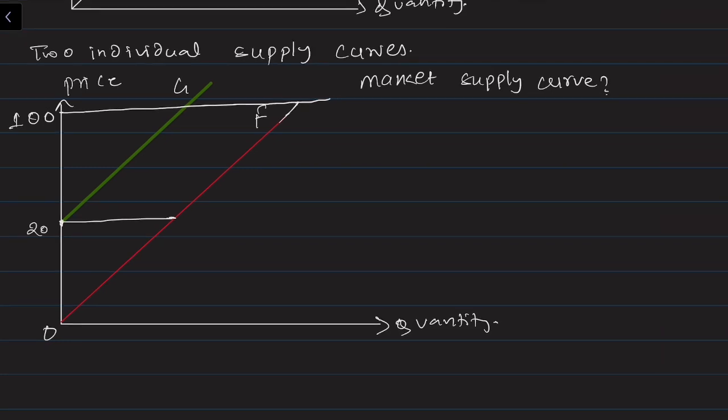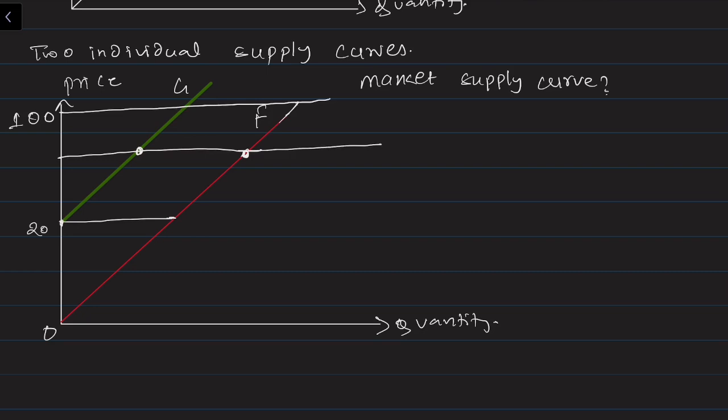So to draw the market supply curve, we take a point of the same y coordinate on both of these straight lines, the green line and the red line, and then we draw a horizontal line passing through these 2 points.